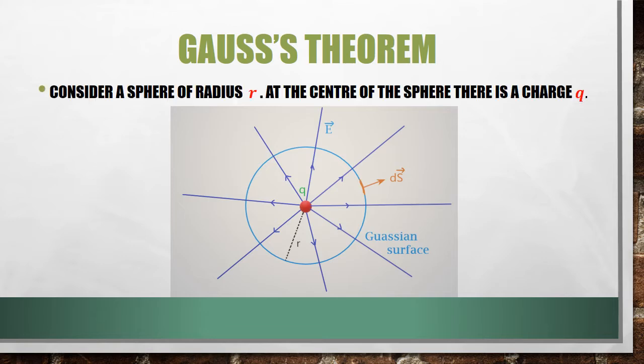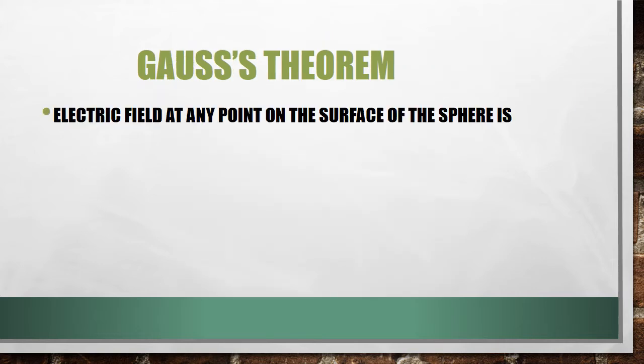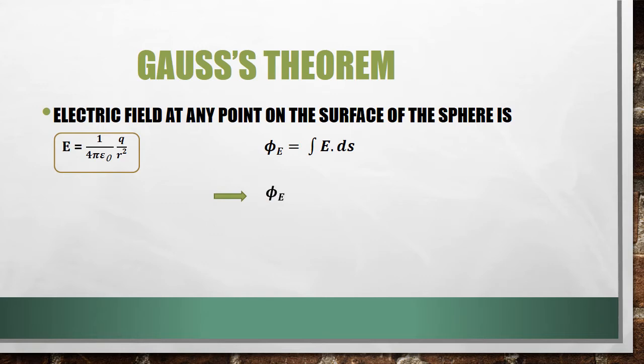Consider a sphere of radius r and a charge located at its center. Electric field at any point on the surface of the sphere, E equals 1 by 4 pi epsilon 0 into Q by r square. But electric flux phi equals integral E dot ds. That is phi equals E into integral ds.